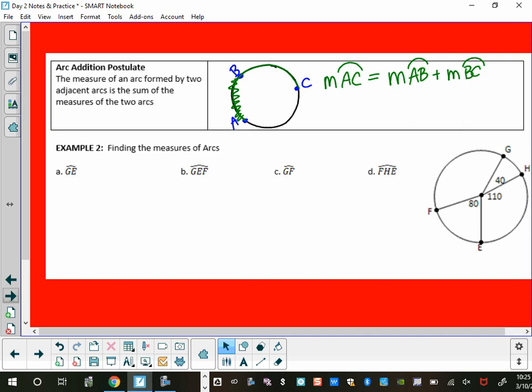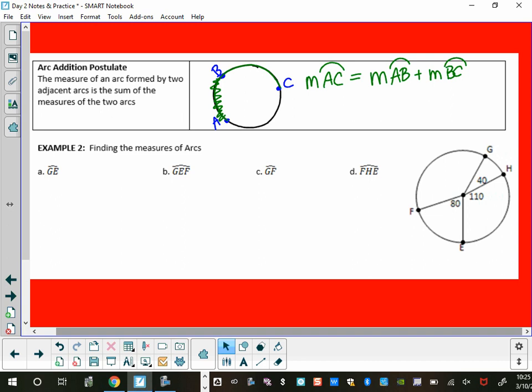So, what I like to do with circles is fill out my circle before I even answer my questions. It's just easier that way. A full circle is how many degrees? 360? Alright, they gave me 3 angles so far. How do I find the 4th angle?